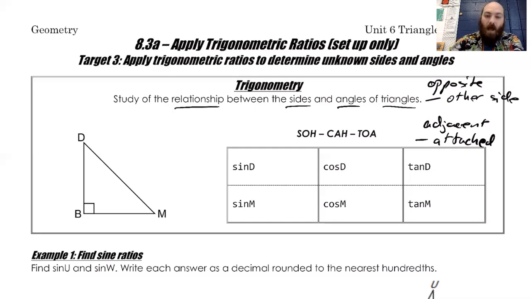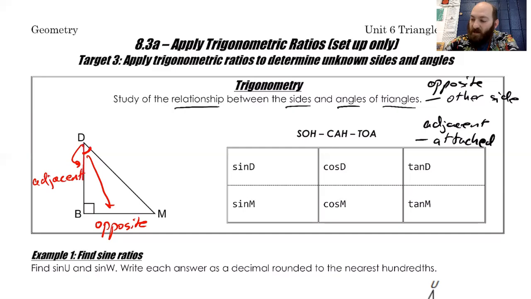When you see that, you're going to look at something like this. If I reference angle D here, when I look across from that, all the way over here, that is my opposite side. When I look at this side, that's adjacent.